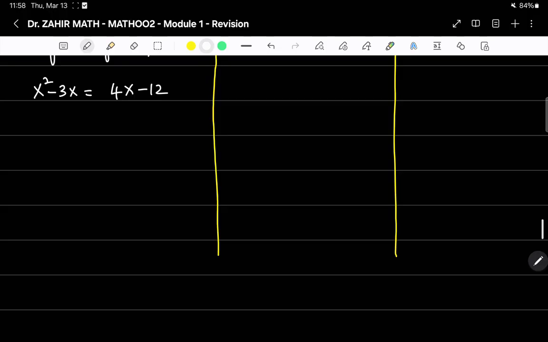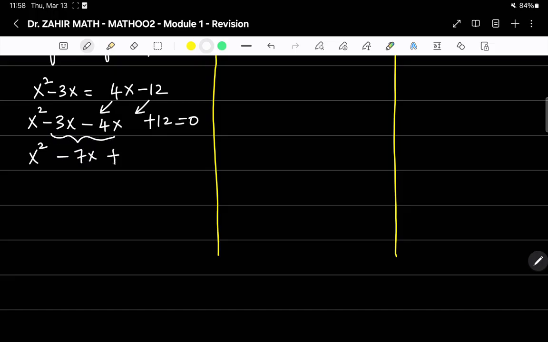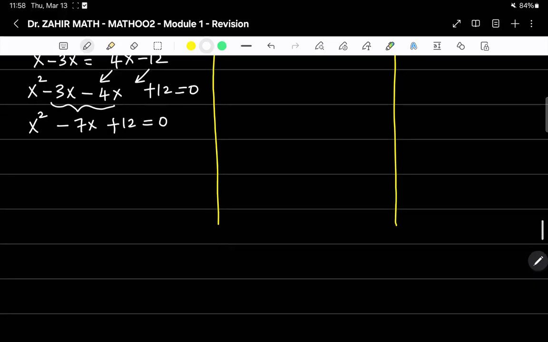Let me solve it as a quadratic equation. x² − 3x, this comes here, minus 4x, this comes here, plus 12 equal to 0. So it will be x² − 7x + 12 = 0. I go to the calculator, mode 5 and then 3. Now you are very familiar.